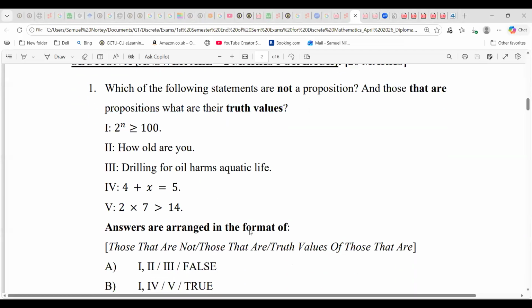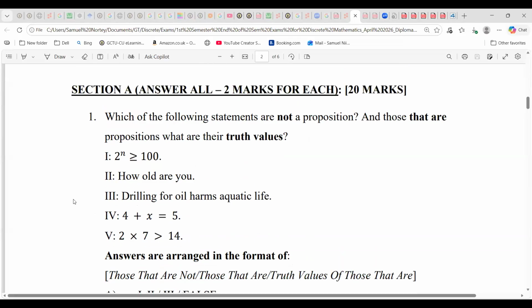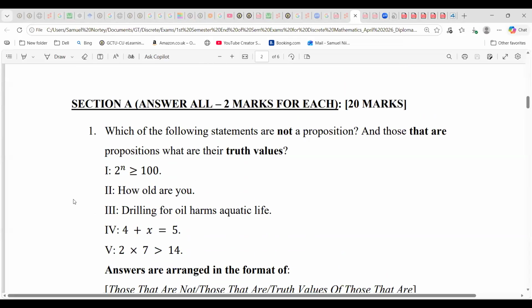The answers have been arranged in the format: those that are not come first, followed by those that are, and then their truth values. So it's a simple question, but you must follow the instructions. Let's use the knowledge we have and determine whether these are propositions or not.